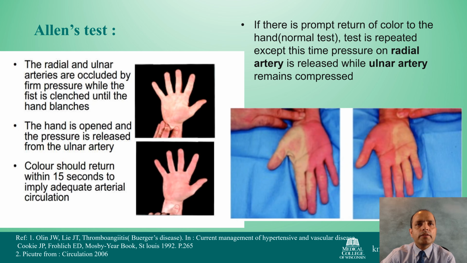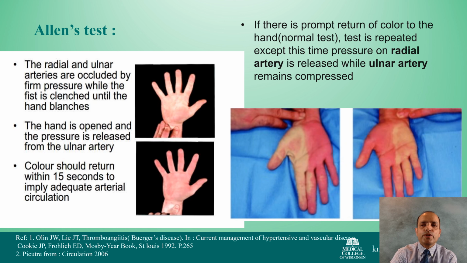Let's talk about Allen's test. This test is performed to make sure that the radial artery that you are going to puncture is not an end artery. So to perform this test, you ask your patient to clench their fist and you provide firm external pressure with your two fingers, and you wait for a few seconds until the hand is completely blanched.